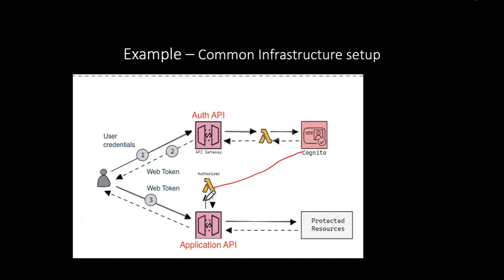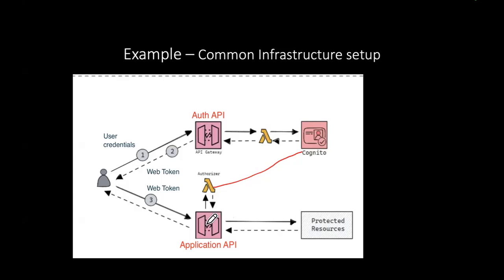And the way we do that is using AWS's own mechanisms, which is to dynamically create an IAM policy, which will essentially tell the gateway that you can send the request on to the backend. The policy will be an allow policy if the JWT token was a valid one.